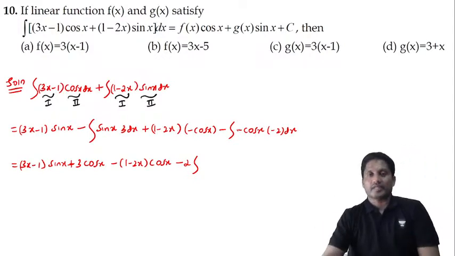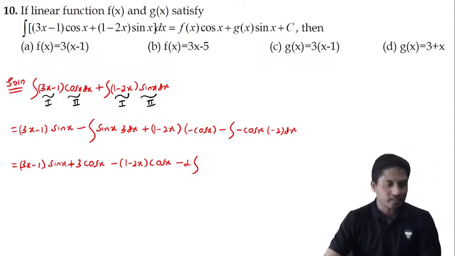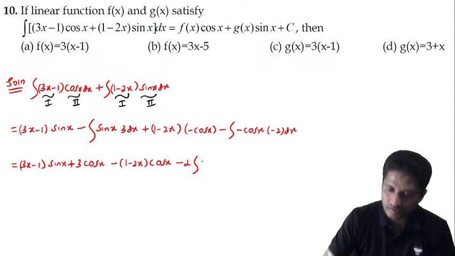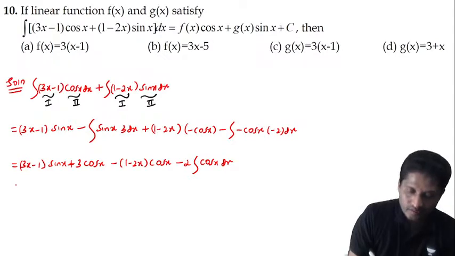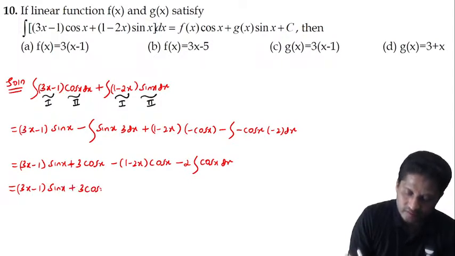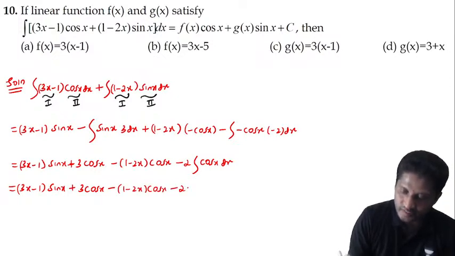Obviously with 3 minus signs, minus and minus, you get minus. 2 is a constant so it comes out, and you get cos x dx. Now this is equal to 3x minus 1 into sin x plus 3 into cos x minus of 1 minus 2x into cos x minus 2 times the integration of cos, which is sine.